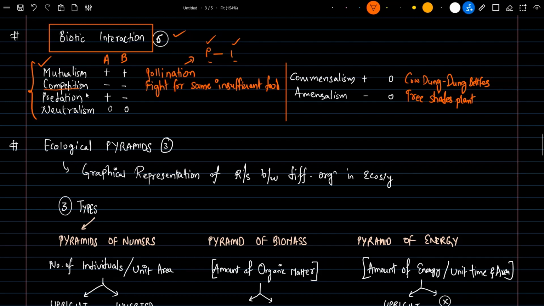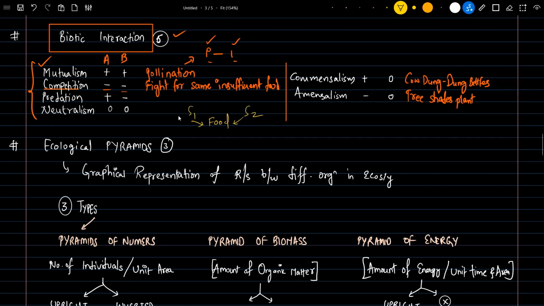Next is competition. Due to competition, both will be losing. So both species A and species B will be losing. For example, let's say a particular food is there. Species one is eating it, and species two is also eating it.